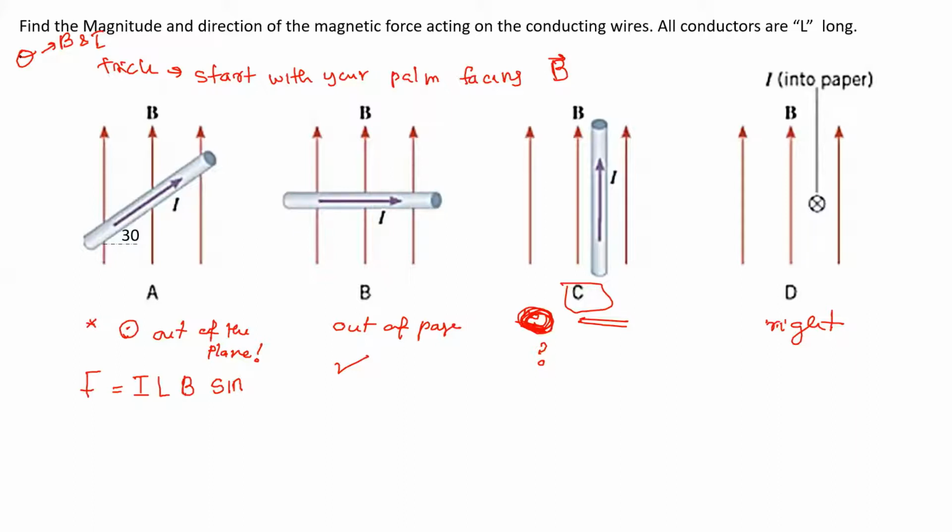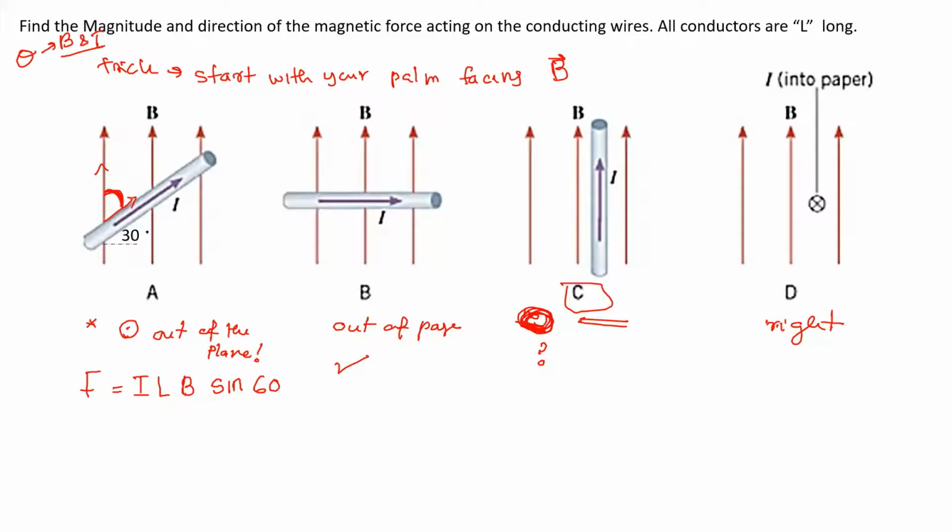So what is your theta? No answers? Finally I'm getting answer 60. Yes, it is 60. Why? Because we need the angle between B and I. So this is my B field. B field is this way, current is this way. So this is my angle, right?